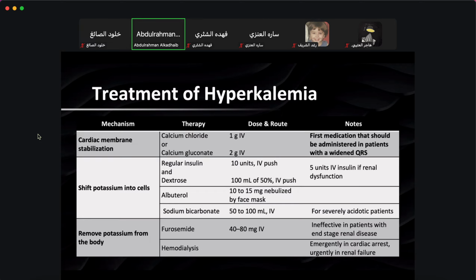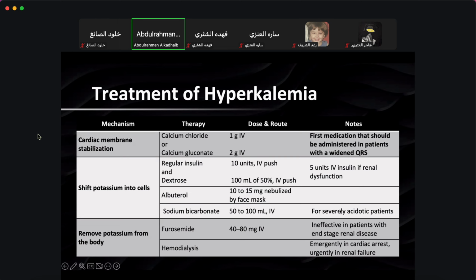So we usually avoid it in those patients, and we usually go for hemodialysis. So we can use hemodialysis urgently in those patients with renal failure, and we also can use hemodialysis emergently, or as soon as possible, in cases of cardiac arrest.